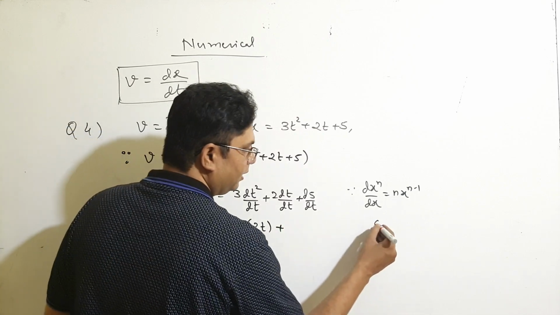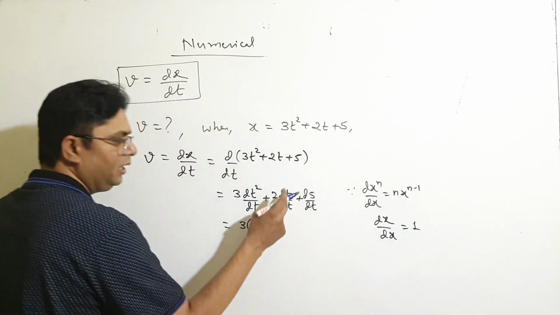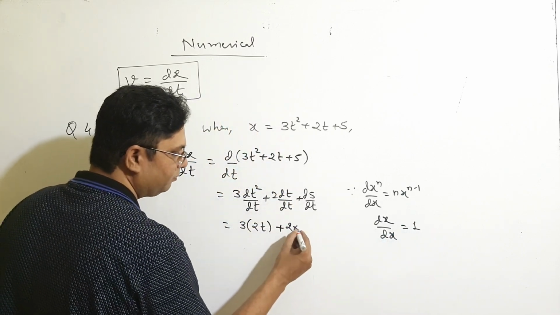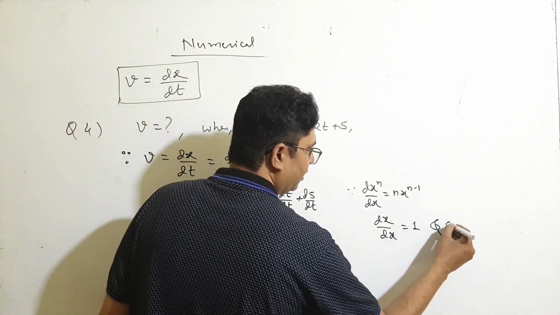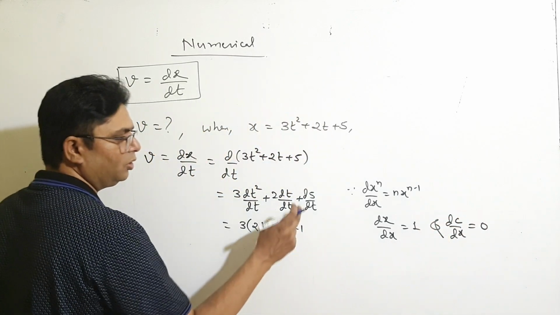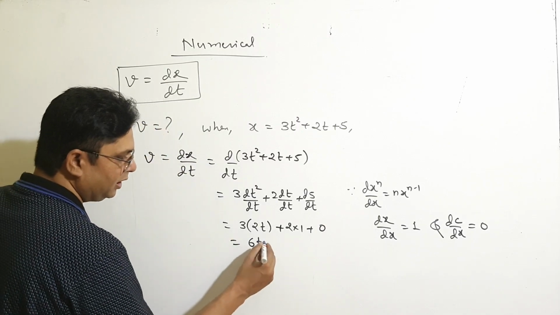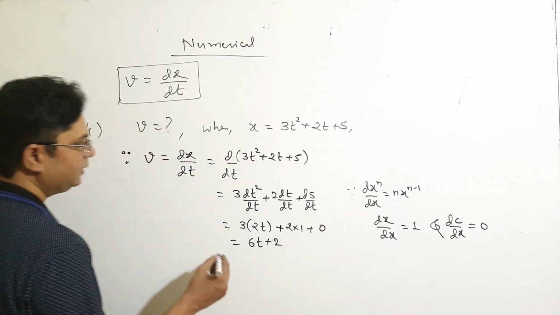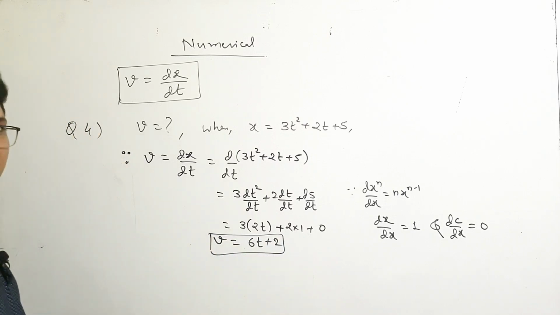And you know that dx upon dx is equal to 1, so dt upon dt is also 1. You know that dc upon dx, where c is a constant, is 0, so d5 upon dt is 0. So you have 6t plus 2. This is v here. v stands for instantaneous velocity.